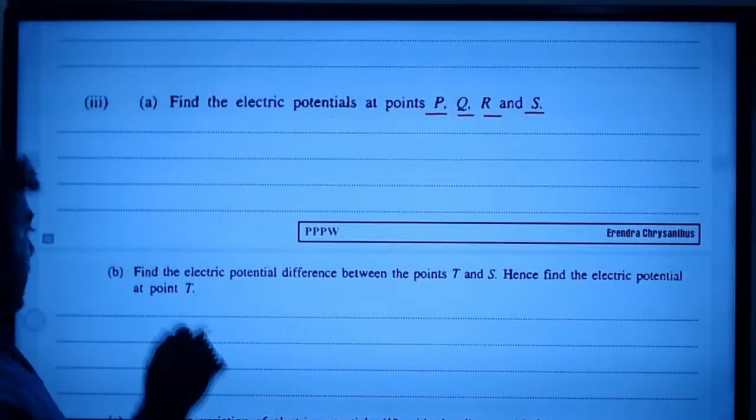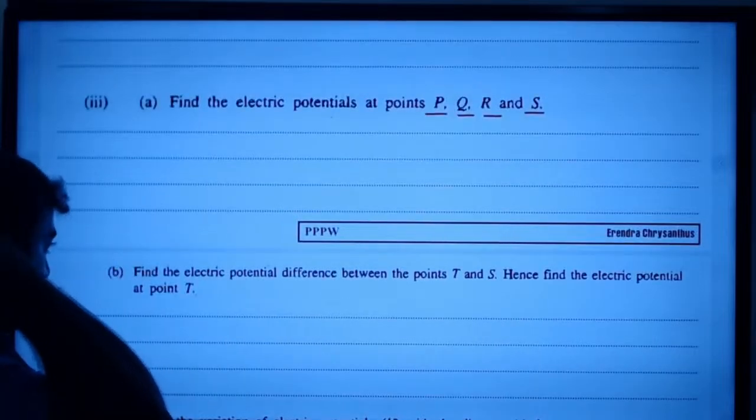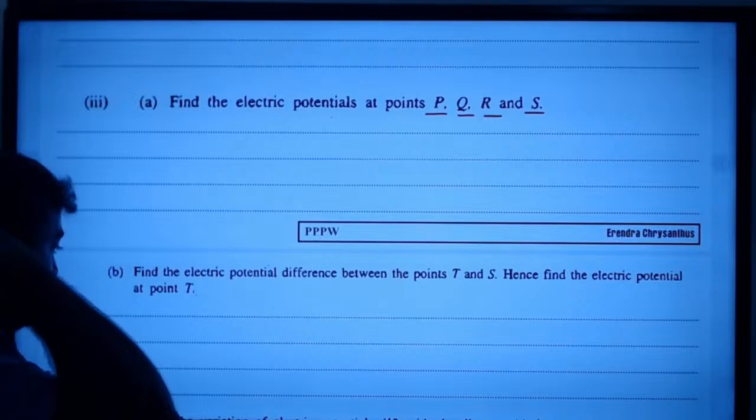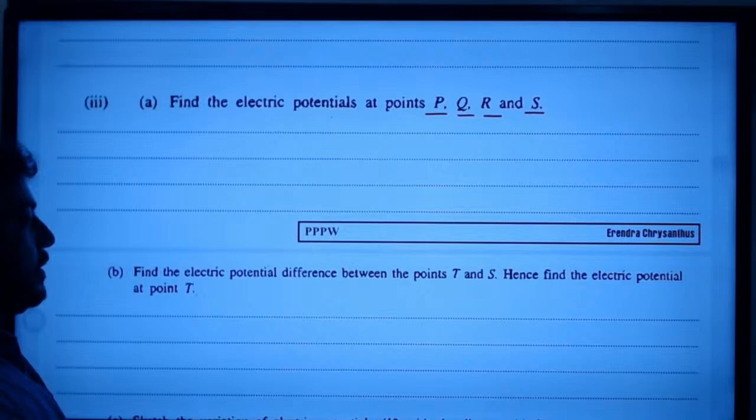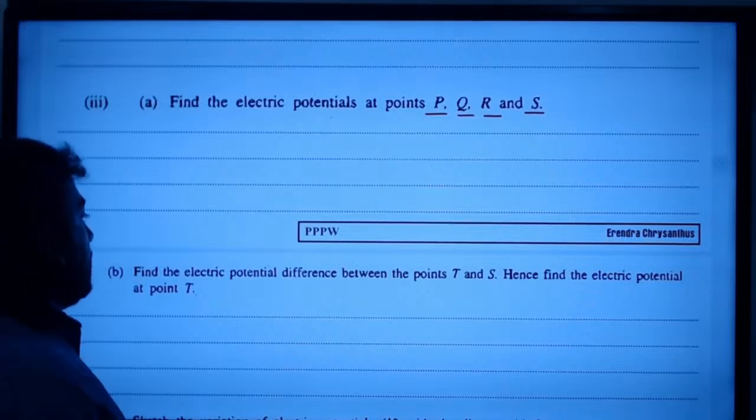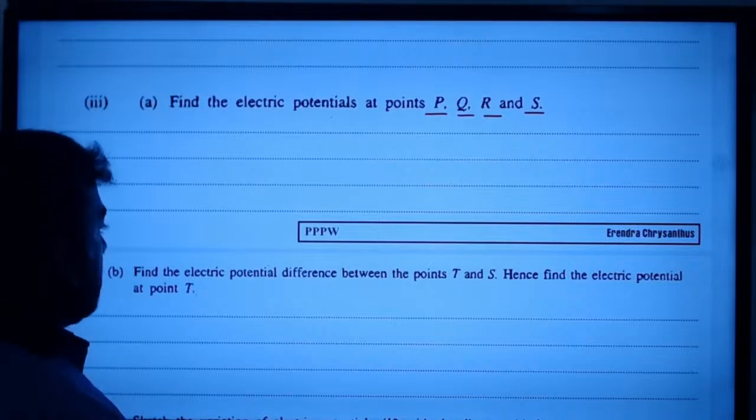Before that, find the electric potential difference between T and S. Hence, find the electric potential at point T.